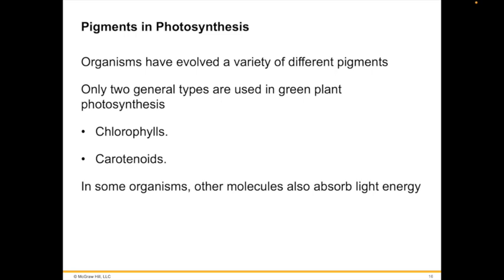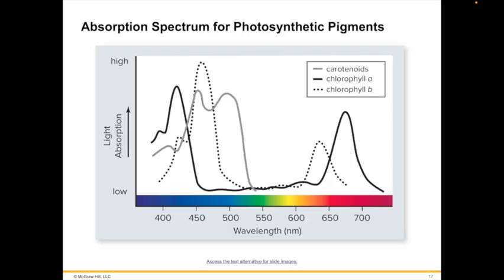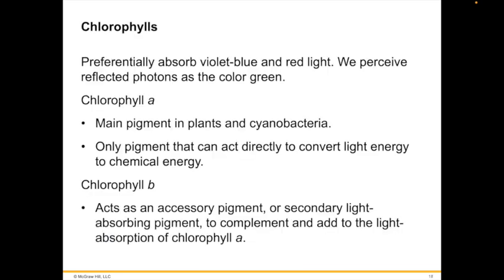Chlorophyll A is the main photosynthetic pigment in plants and cyanobacteria, and is the only pigment that can act directly to convert light energy into chemical energy. Chlorophyll B, acting as an accessory pigment or secondary light-absorbing pigment, complements and adds to the light absorption of chlorophyll A. Chlorophyll B has an absorption spectrum shifted toward the green wavelengths.